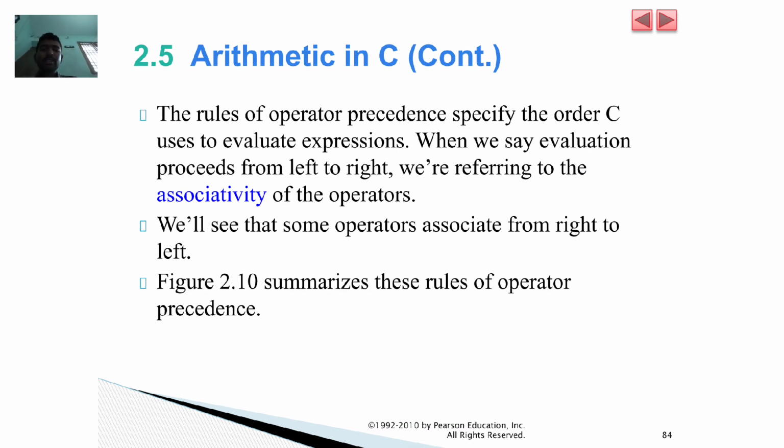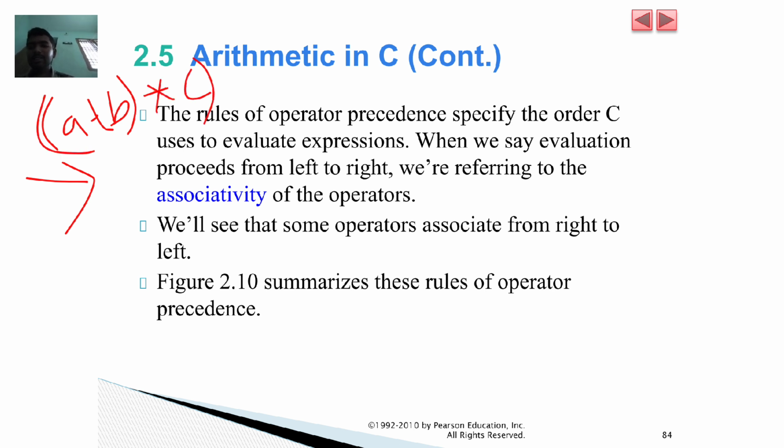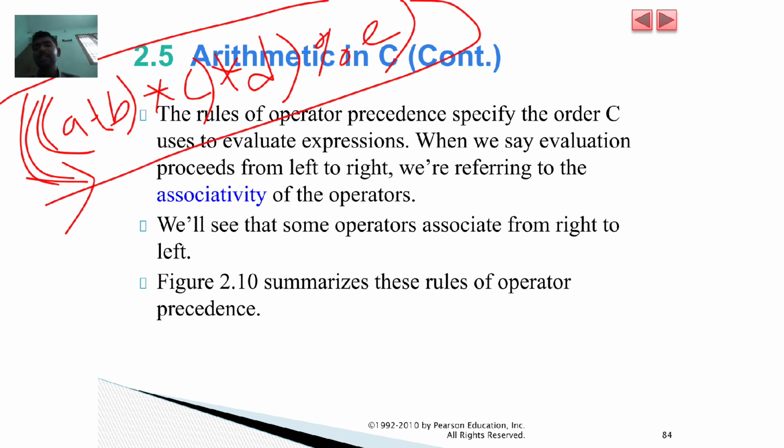The rules of operator precedence specify the order in which C evaluates an expression. What is evaluation of an expression? While we are solving, there are many brackets, for example A plus B into C into D modulo E. As we solve this expression, it should be in the precedence order only.